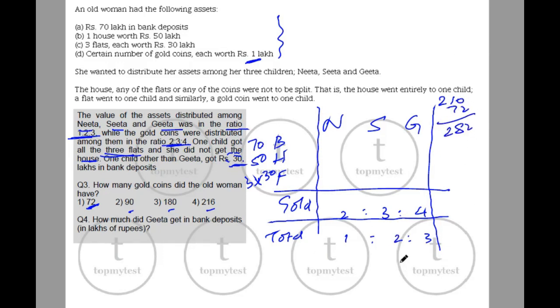Now if I have to split 282 lakhs in the ratio 1:2:3, Geeta will get half of this, that will be 141. Neeta will get 1/3 of 141, which is 47, and this one will be double of this, which is 94.